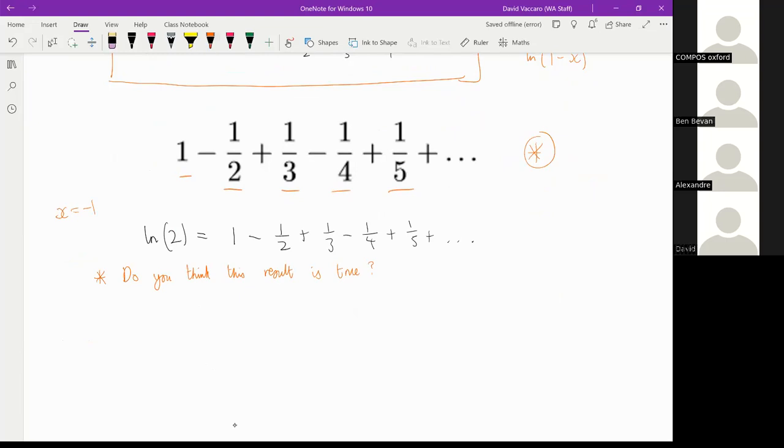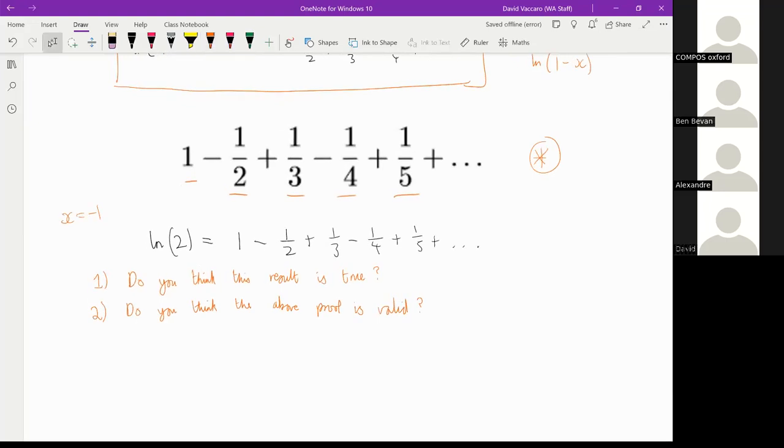And then question number 2, do you think the above proof is valid? There's no reason why you would know the answer, so you're just going to have a little bit of a guess. Well, the validity one, I think, is more clear cut that there is a right answer.